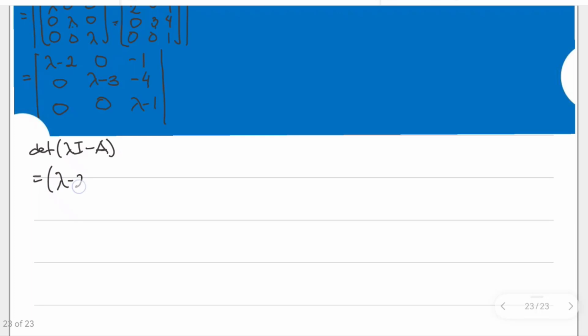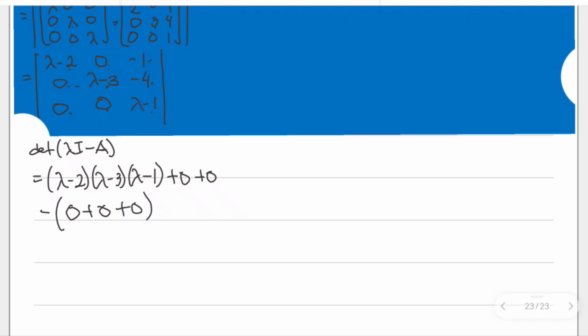So our first is lambda minus 2 times lambda minus 3 times lambda minus 1. That's the first. Next is 0 times negative 4 times 0, so you have plus 0. Then negative 1 times 0 times 0, so plus 0. Minus the next entries: we have negative 1 times lambda minus 3 times 0, so you have 0. Negative 4 times 0 times lambda minus 2 is another 0. Lambda minus 1 times 0 is also 0.